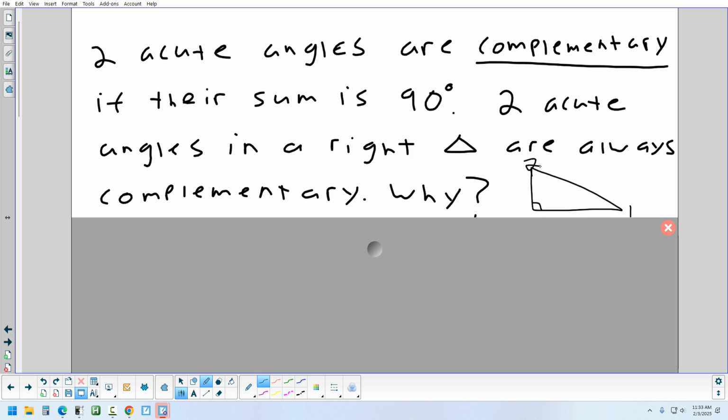Any question on that? Okay. Now, I've been labeling them angle 1 and 2. That's not how they're normally labeled. When we label an angle we don't know, what kind of letter do we normally use in trig? Theta, or in general, what kind of letter is that from? Greek. Yeah.